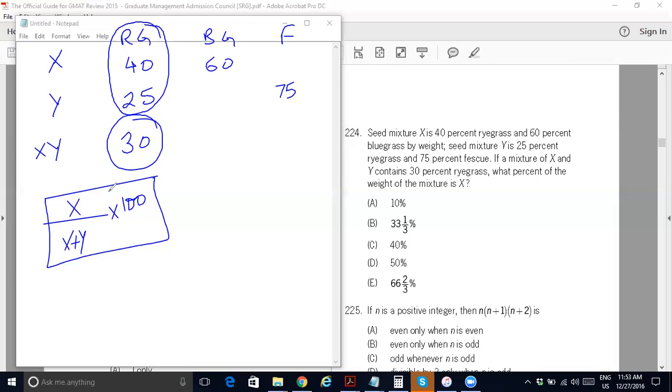So what we can do is, we are mixing X and Y. We know the quantity of ryegrass in X. We know the quantity of ryegrass in Y. And we know the overall quantity of ryegrass in the mixture. You're specifically doing it for ryegrass and making the chart. The ratio is 1:2.